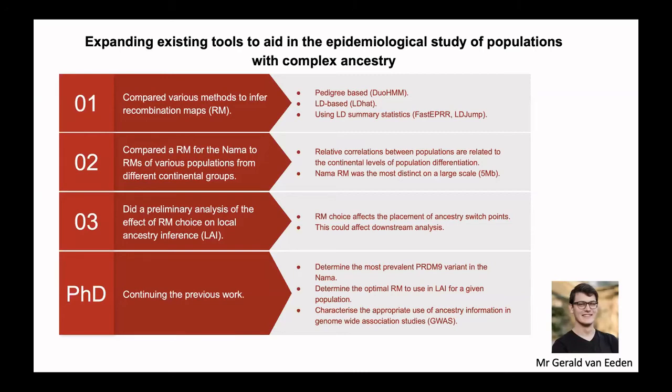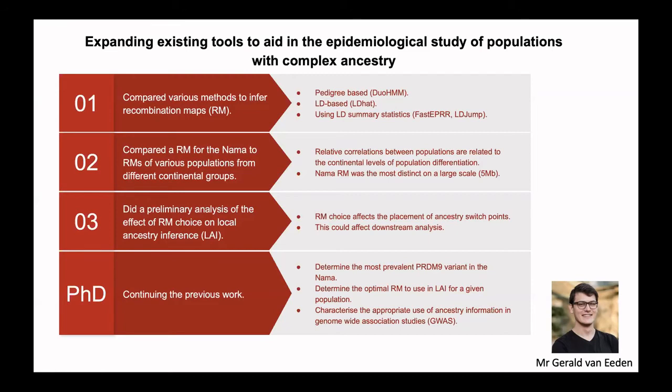So he is looking at the correlations between these maps across different populations, and preliminary analysis, not surprising that the NAMA recombination map is the most distinct on a large scale. We're also looking at how the recombination map choice affects the placement of ancestry switch points in local ancestry inference, and how this can affect downstream analyses such as admixture mapping.